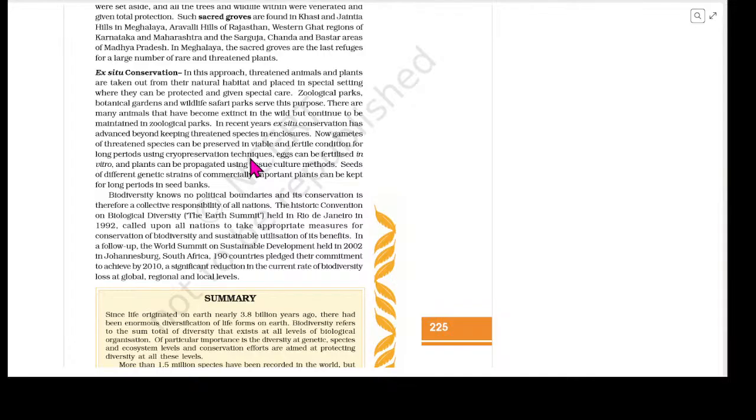In a follow up, the World Summit on Sustainable Development held in 2002 in Johannesburg, South Africa, 190 countries pledged their commitment to achieve by 2010 a significant reduction in the current rate of biodiversity loss at global, regional, and local levels.